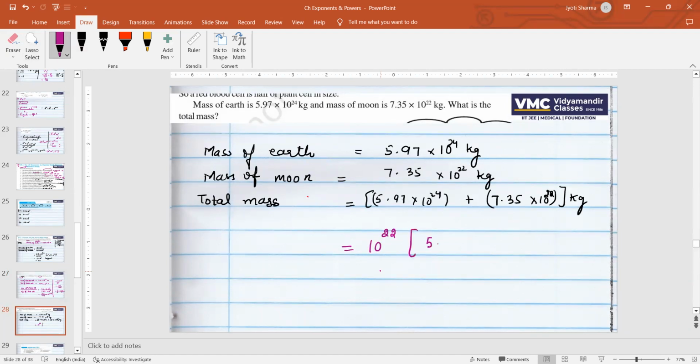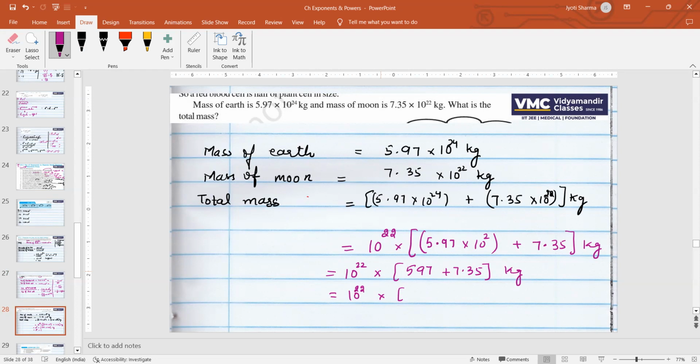It will ease our calculation. This will become: 24 is there, 22 is common, so here 10 to the power 2 only is left. Here 22 is totally outside, so only 7.35 is left. This will become 100, and 100 multiplied by this will become 597 plus. So you should take out the minimum power outside as common. So 597 and 7.35 will become 604.35.